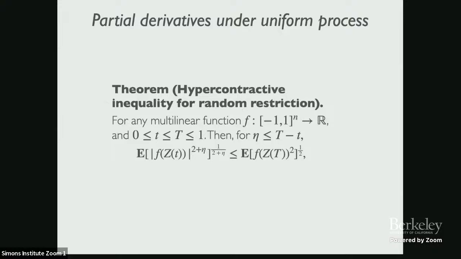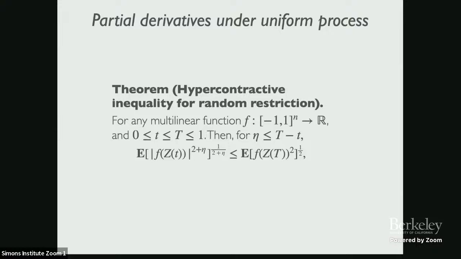So we need to prove something a little bit different, although it's kind of expected. That is, we show that if we have this kind of random restriction and we fix some time little t and time capital T, then the 2 plus eta norm evaluated at this point at time little t is upper bounded by the 2 norm of our function evaluated at time bigger T.